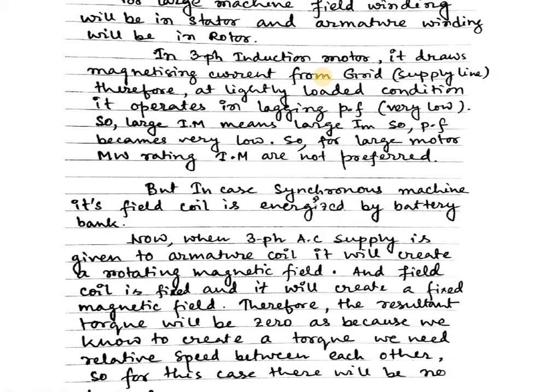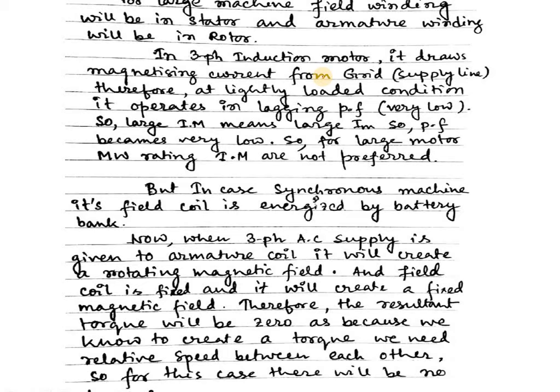In three-phase induction motor, it draws magnetizing current from the grid. Right? In three-phase induction motor, the supply is directly given to the stator side. That means three-phase supply is given to the stator. That means the supply is coming from the grid, and it is connected directly to the three-phase induction motor.